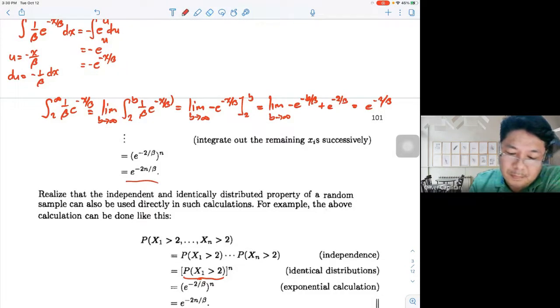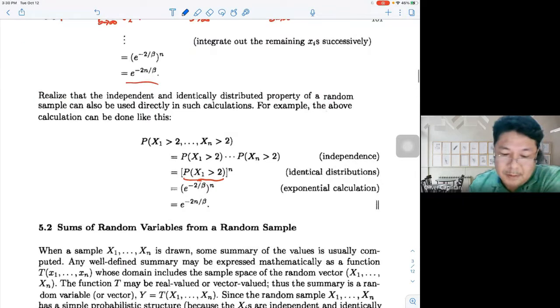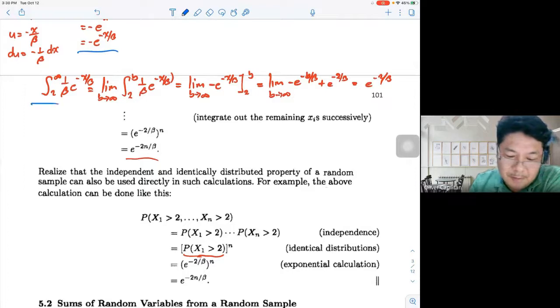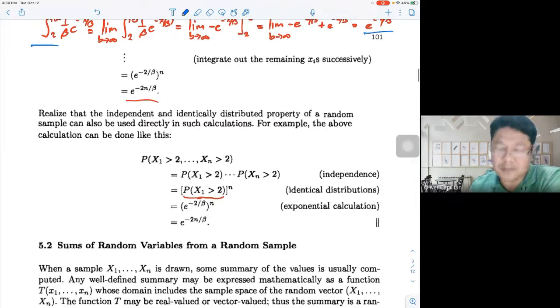So you have this part, e to the negative 2 over beta, that is raised to the n. So we obtain the same answer. We are able to determine the probability using the PDF of our sample in two ways.